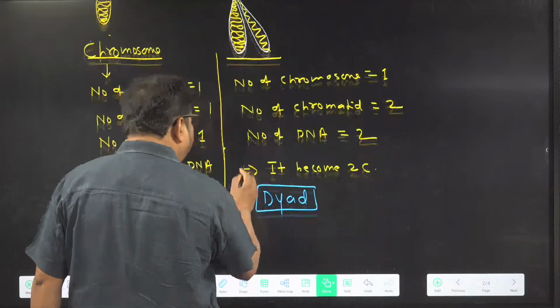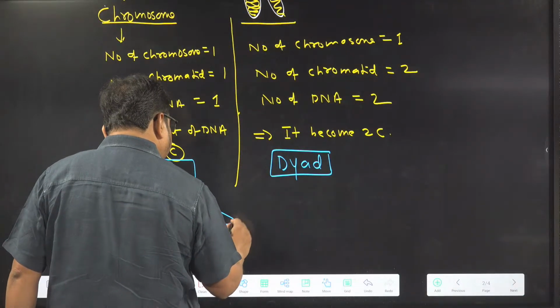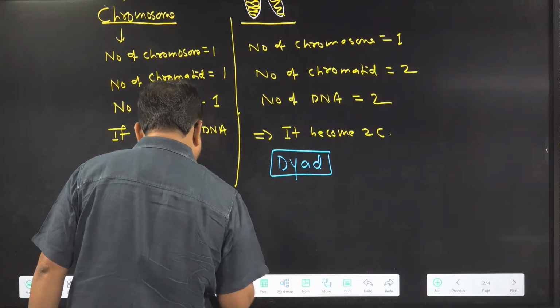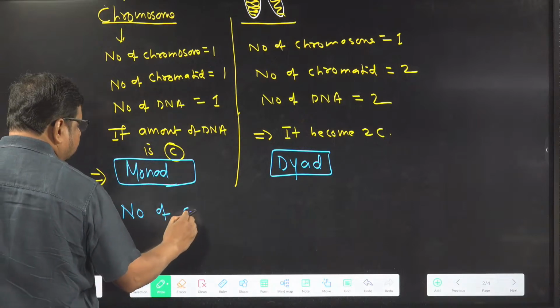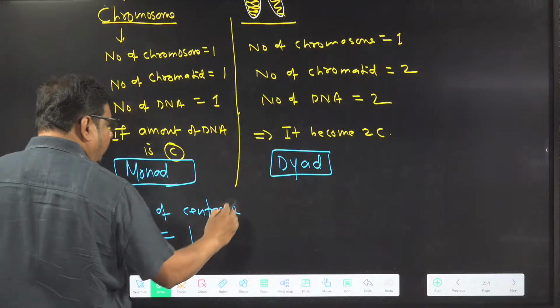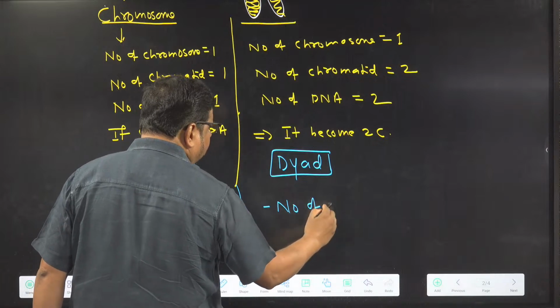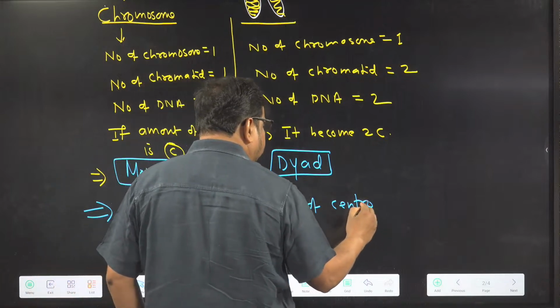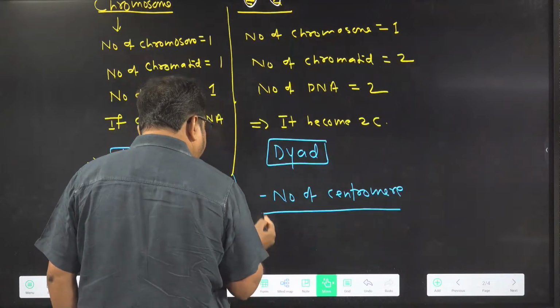You make a thumb rule in your mind. Here I am writing number of centromere is 1. Here it is also number of centromere is 1. You make a thumb rule in your mind. And what is the thumb rule?